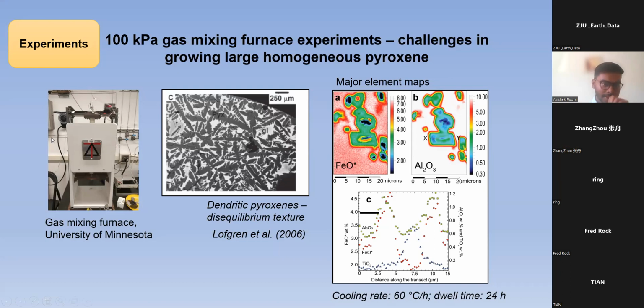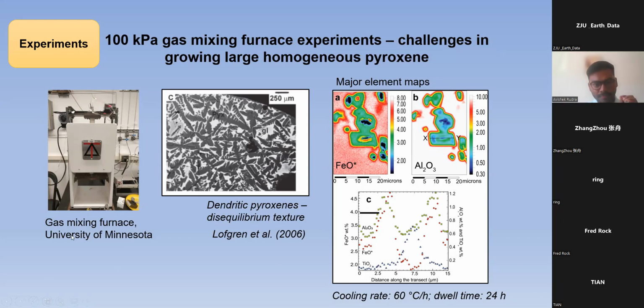So what we did is that we performed these 1 atmosphere vertical furnace experiments. These are ambient pressure furnaces, so the pressure is 1 atmosphere, but you can control the temperature, and you can control the oxygen fugacity of the system by changing the ratio of carbon dioxide and carbon monoxide. So you very well know the fO2 of the system, and you also very well know the temperature, and pressure is always 1 atmosphere.